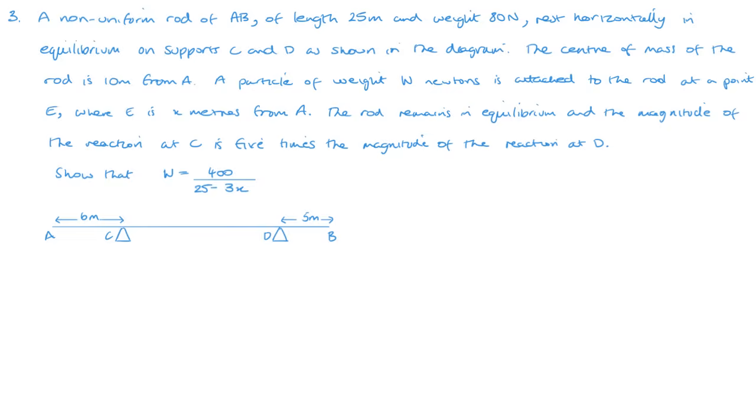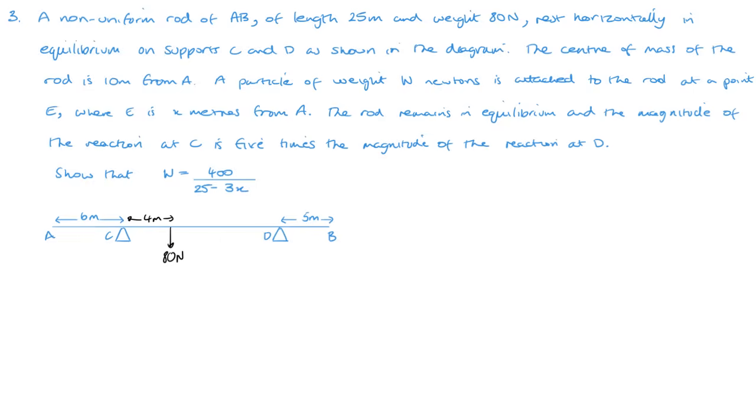The center of mass of the rod is 10 meters from A. So the center of mass is, say, here. So that's 80 newtons. And this will be another 4 meters from C, because it's 10 meters from A.